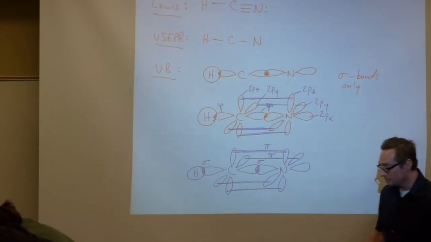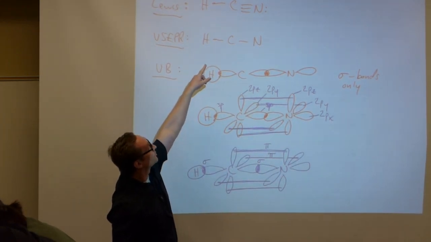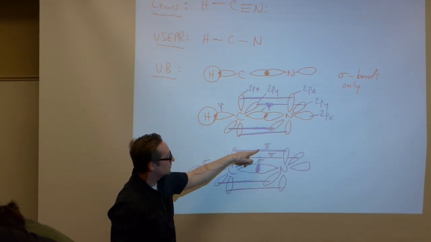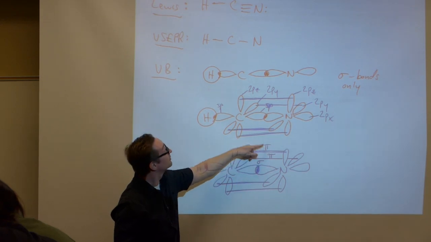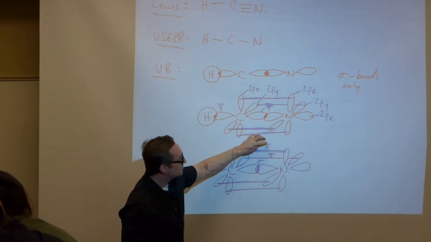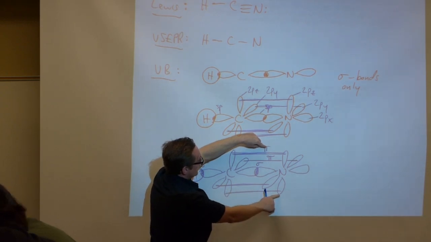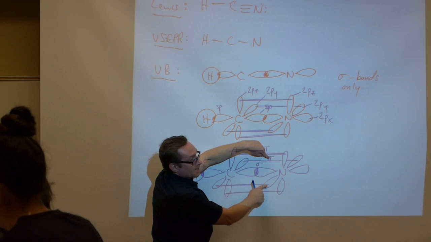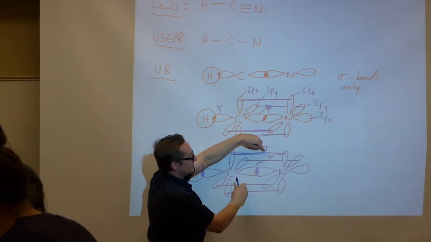So, starting from the beginning, triple bond, 2 pi's, 1 sigma. 2 pi's, 1 sigma. Right? Here's my outer bond. Here's my inner pi bond. Why do I say inner? It's actually, both the pi bonds are perpendicular to the bond axis.